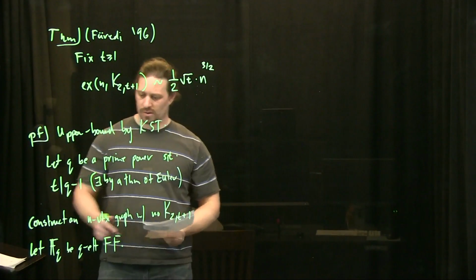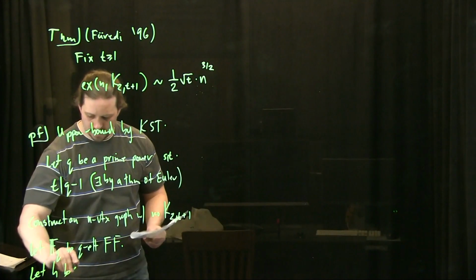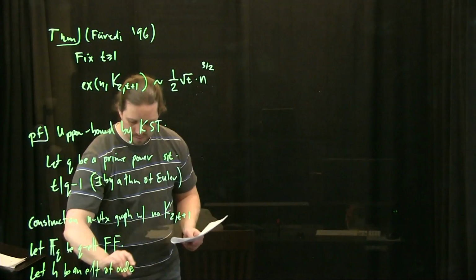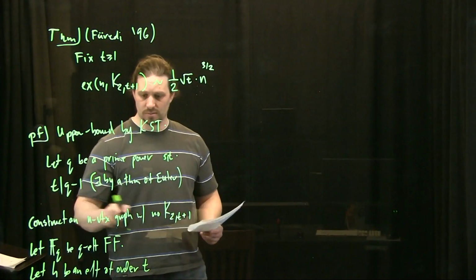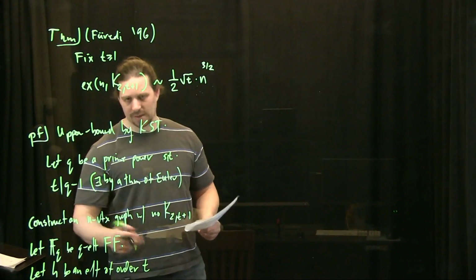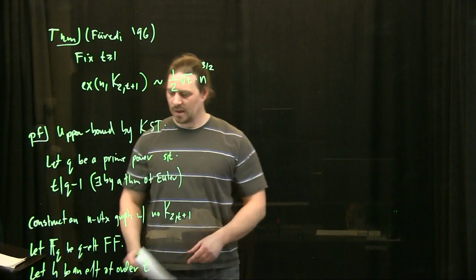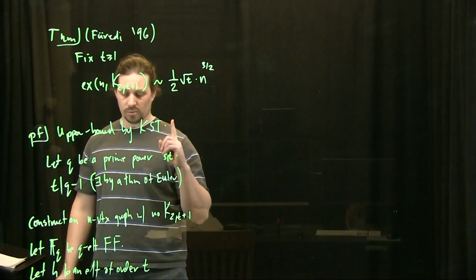I'm just going to tell you that let h be an element of order t, and those exist because of this condition here, and not because of the Euler theorem, but I guess it is also because of the Euler theorem. So what does it mean to have an element of order t? It just means that if you raise h to the t, you get back 1, the multiplicative identity.